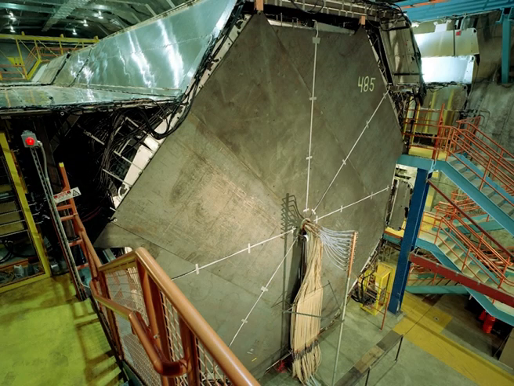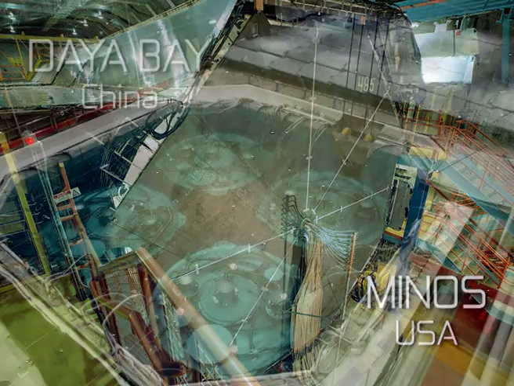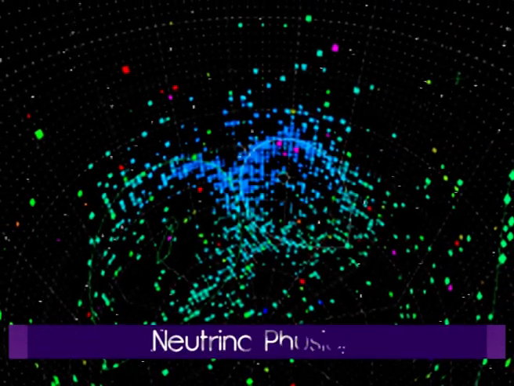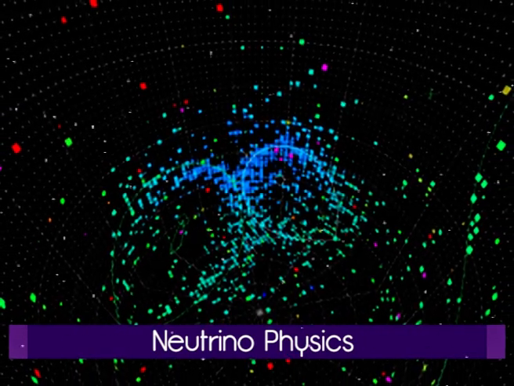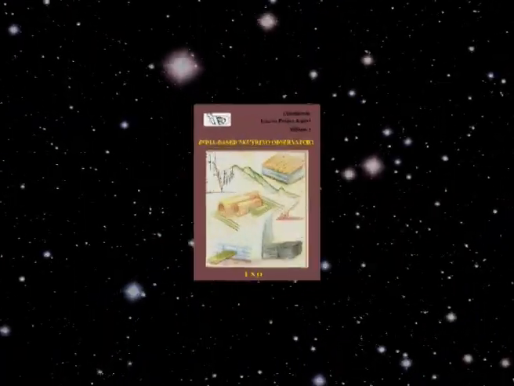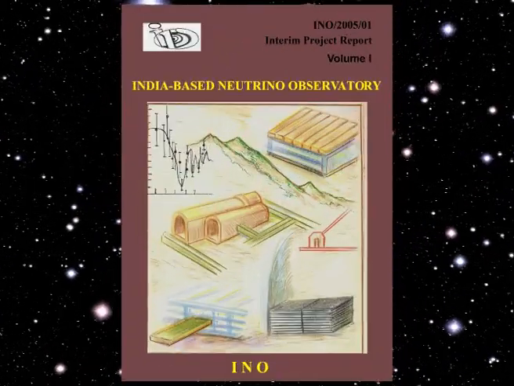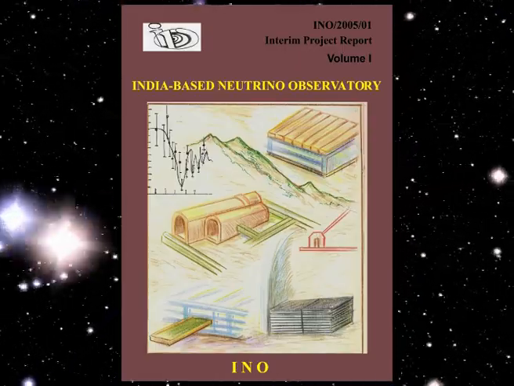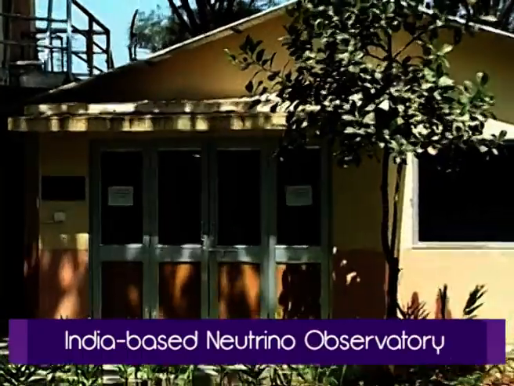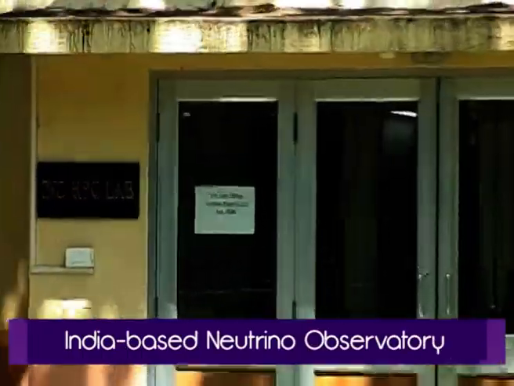There are still other experiments like MINOS, Daya Bay, etc., each one trying to understand the different aspects of neutrinos. The experimental field of neutrino physics is now moving into a phase where decisive and high-precision experiments are needed. It is in this context that an initiative began to take shape a few years ago, leading to the idea of an India-based Neutrino Observatory, or the INO.